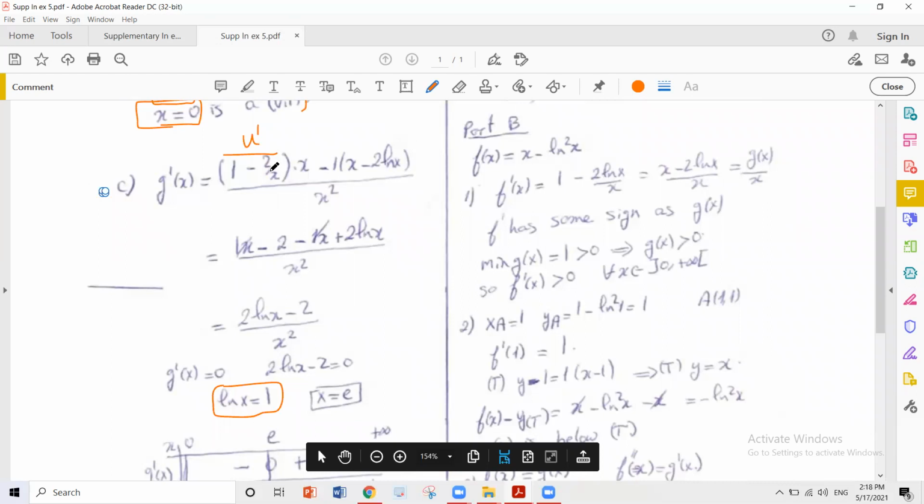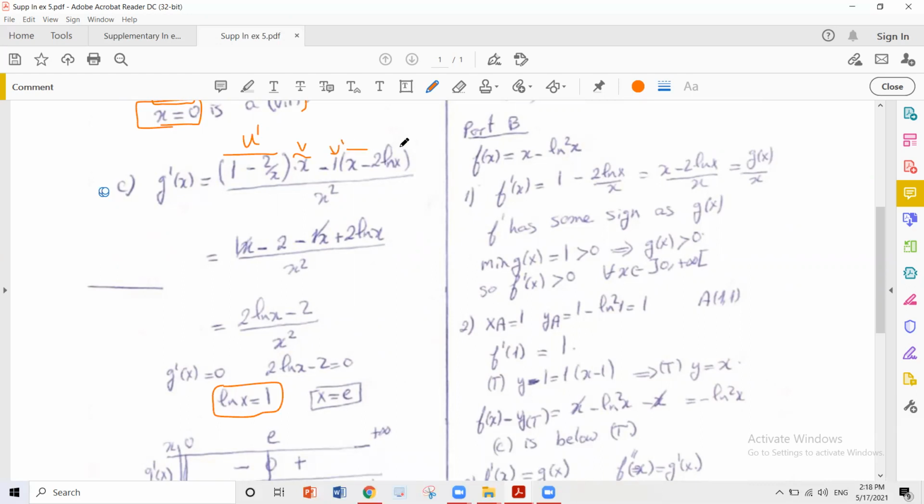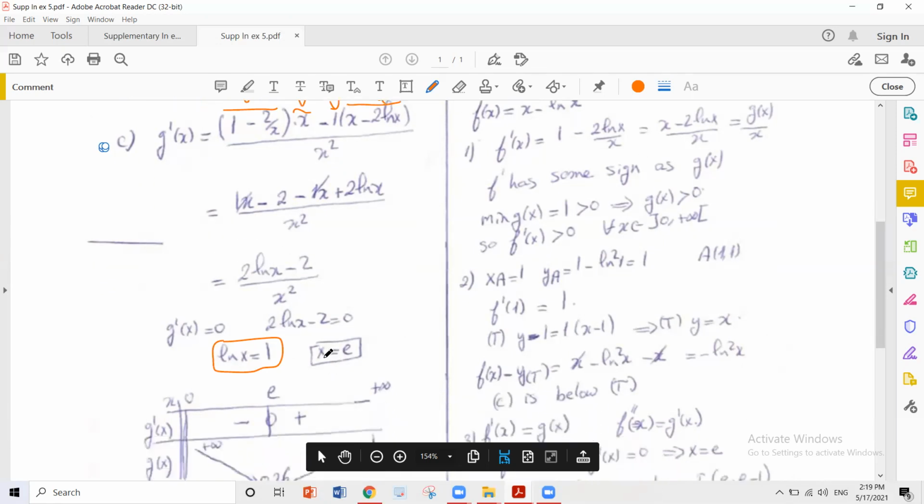So to study the variations, we found the derivative, u prime v minus v prime u over v squared. For 2 ln x minus 2, we have to study its sign. We solve it equal to 0: 2 ln x minus 2 equals 0 means ln x equals 1 means x equals e.